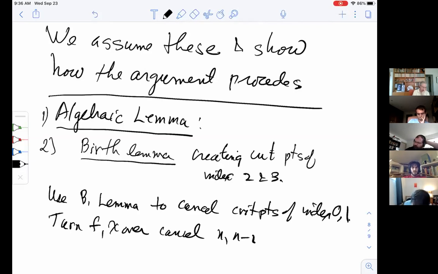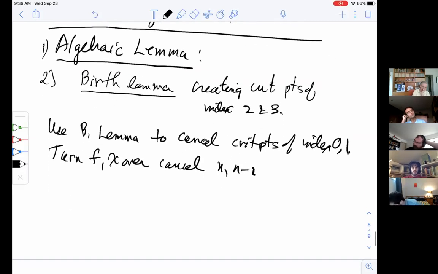Turn it over means replace f by minus f and chi by minus chi. Critical point of index n for f becomes a critical point of index 0 for minus f, and similarly for chi. So you can use the same argument for minus f and minus chi to cancel the critical points of index 0 and 1 for minus f, minus chi. Those are the critical points of index n and n minus 1 for f.